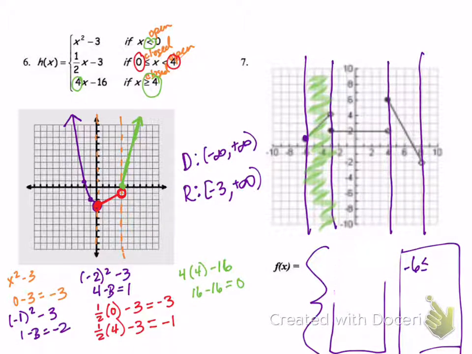So -6 is less than x is less than what? 4. -3. So you have a closed, open, closed, open, closed, open.